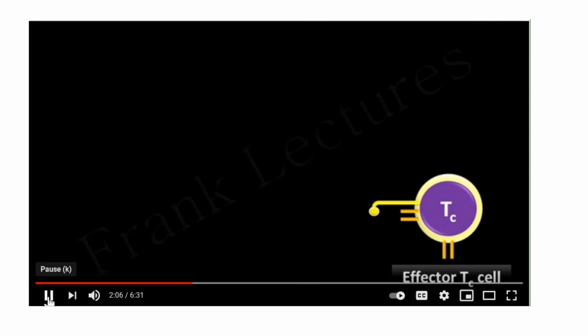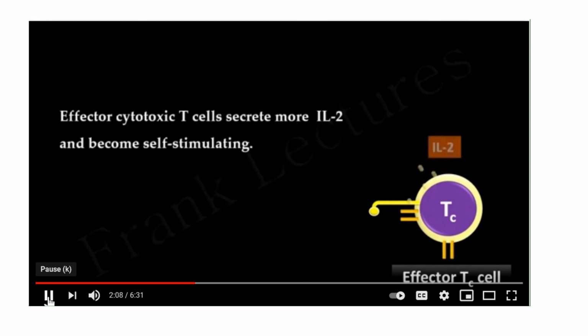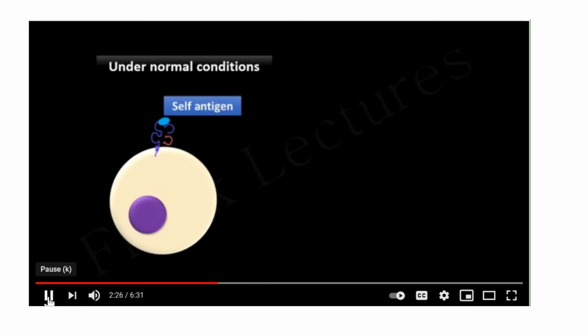These effector cytotoxic T cells secrete more interleukin-2 and become self-stimulating. Now, these cytotoxic T cells leave the lymph node and migrate to the site of infection to attack virally infected cells. We know that all nucleated cells express MHC1 molecules on their surface, which under normal conditions display the host's proteins or self-antigens.